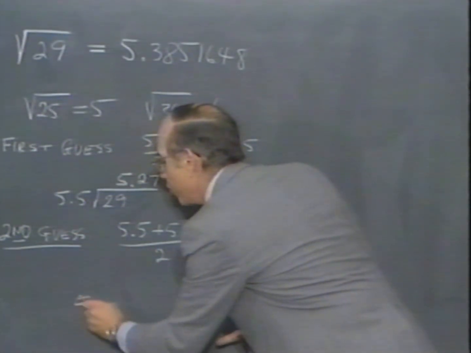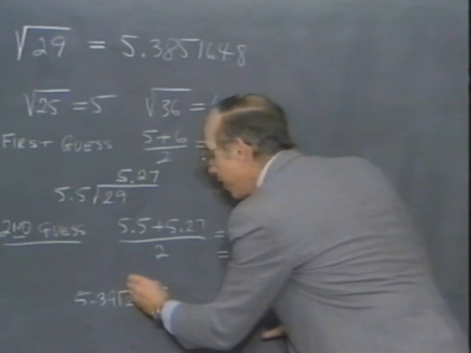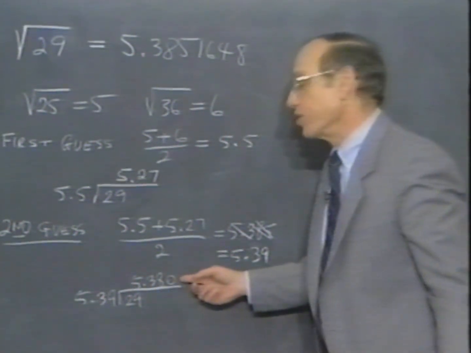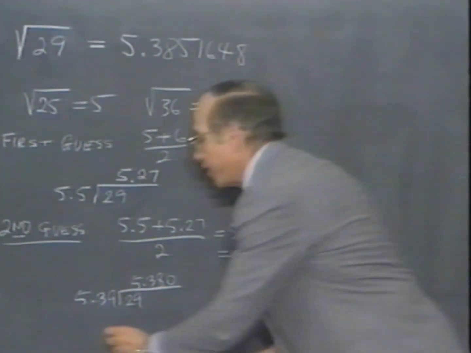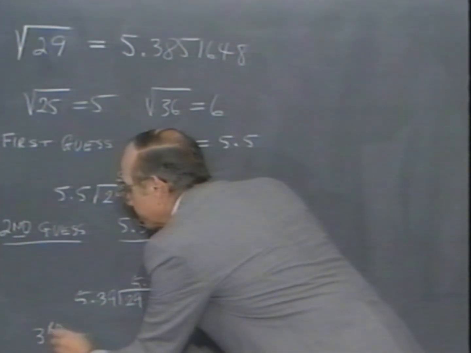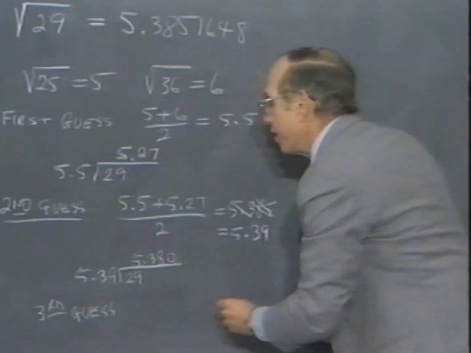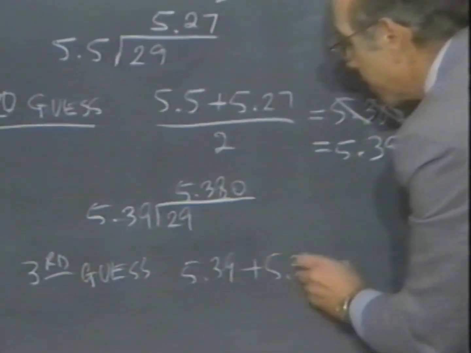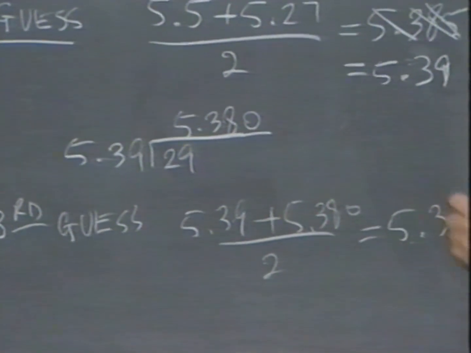So I take 5.39 and I divide that into 29. And when I do that, I get 5.380 for some reason to three places. And so my next guess, my third guess, is the average of these two numbers. And that's 5.39 plus 5.380 divided by 2. And that's 5.385.